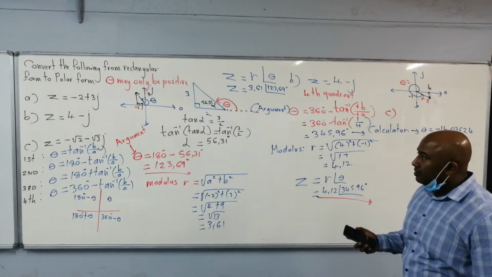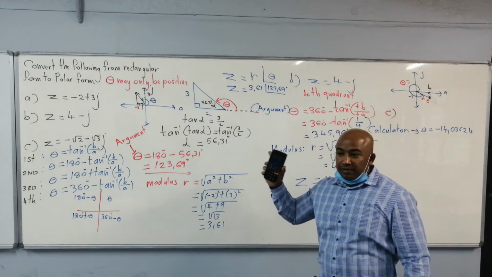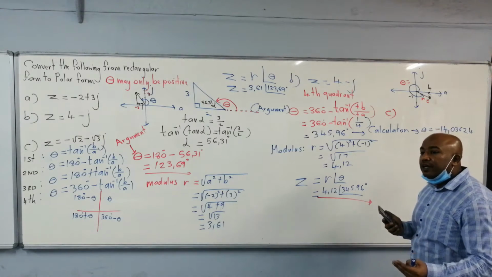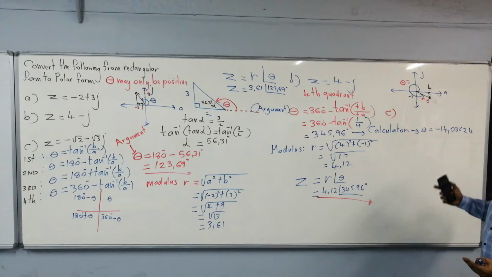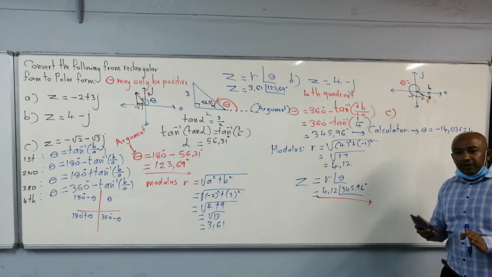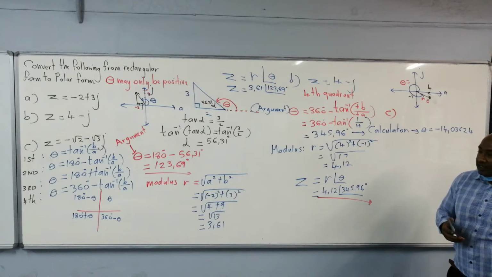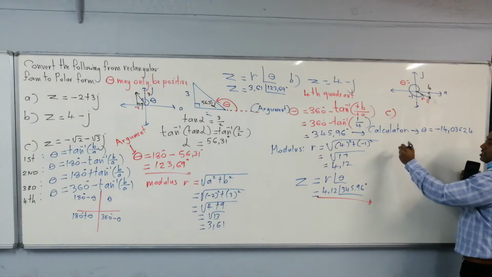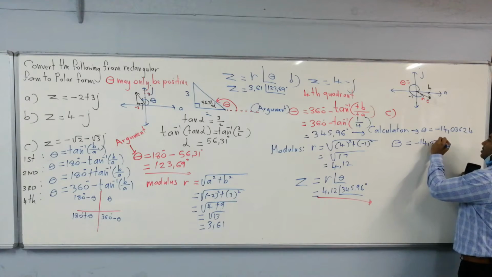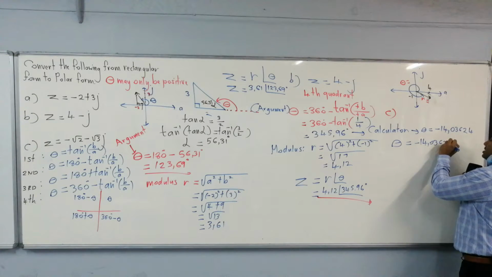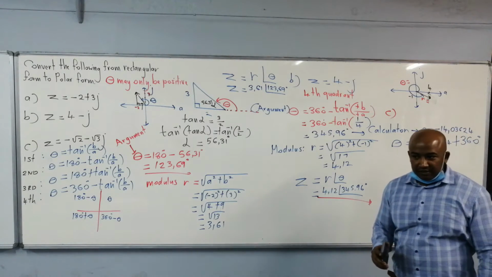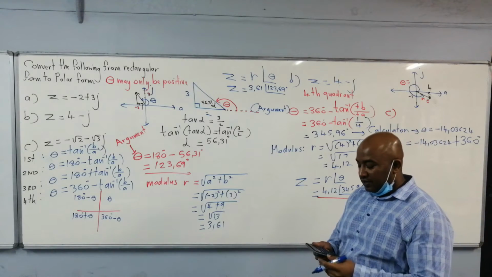Now, the instruction in the maths paper is theta may only be positive. So the calculator is giving you a negative value. How do you convert a negative angle to a positive angle? We've done that in N3. To convert any negative angle to a positive angle, all you're going to do is add 360 degrees to it, to make sure that your answer is correct.